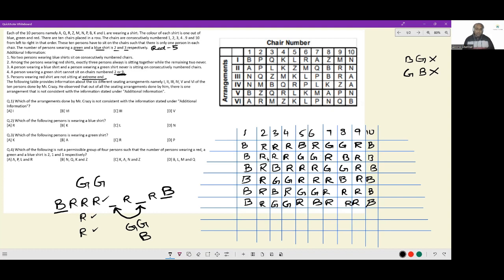Now, within these 6 cases, what is useful for us or what makes it wonderful for us is, can you see everything in slot 1? Everything in slot 1 is blue only. So can I say everything in slot 1 is blue, everything in slot 10 is blue, everything in slot 9 is red, everything in slot 2 is red.